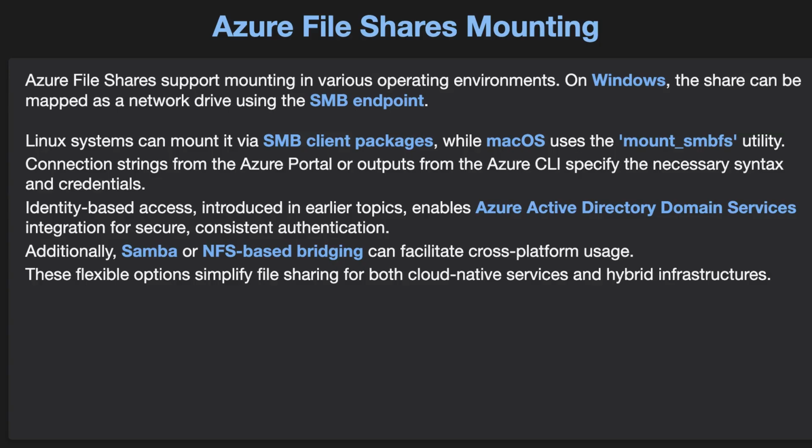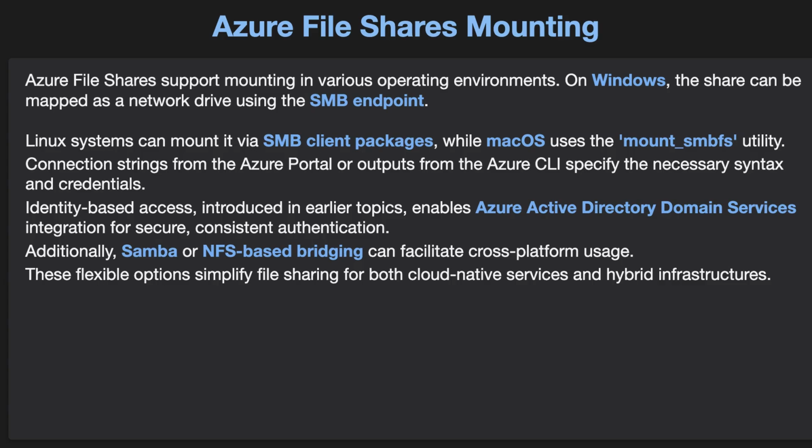Azure File Shares support mounting in various operating environments. On Windows, the share can be mapped as a network drive using the SMB endpoint. Linux systems can mount it via SMB client packages, while macOS uses the mount_smbfs utility. Connection strings from the Azure portal or outputs from the Azure CLI specify the necessary syntax and credentials.